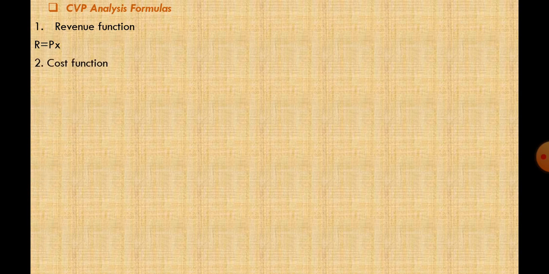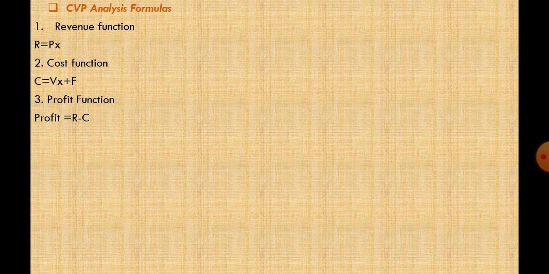The next item is the cost function, which has a fixed and a variable side. Under the variable, we have V multiplied by the units sold, X, plus the fixed cost. Then we have the profit function: profit is equal to revenue minus cost.